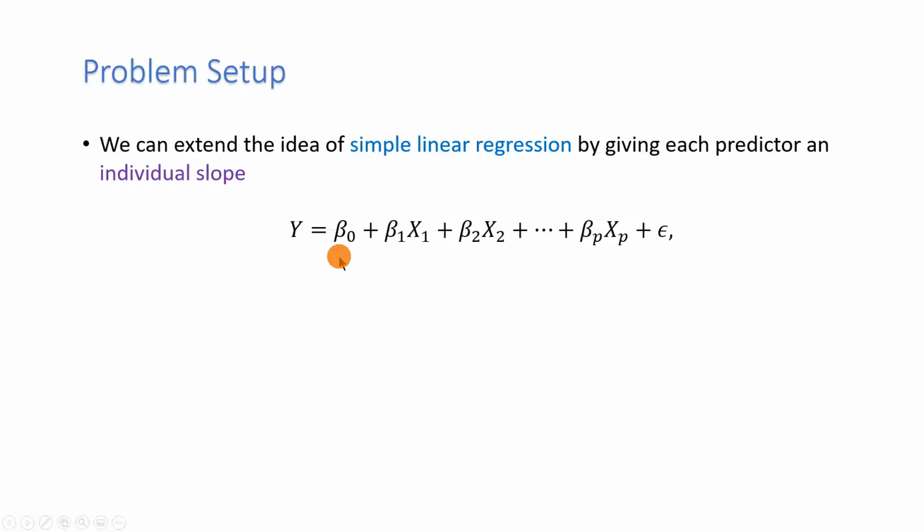Again, beta 0 here is the coefficient used to describe the intercept of your linear model. And here, instead of having only one slope parameter beta 1, we have p different slope parameters, or coefficients, for each individual covariate x1 to xp. And also, we need to consider an approximation error term epsilon in this linear model, right?